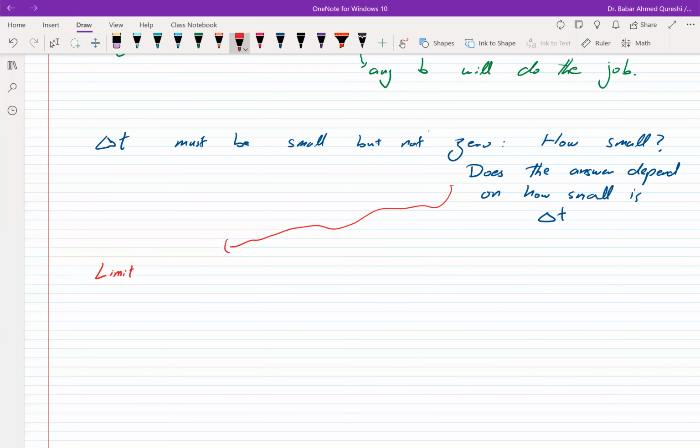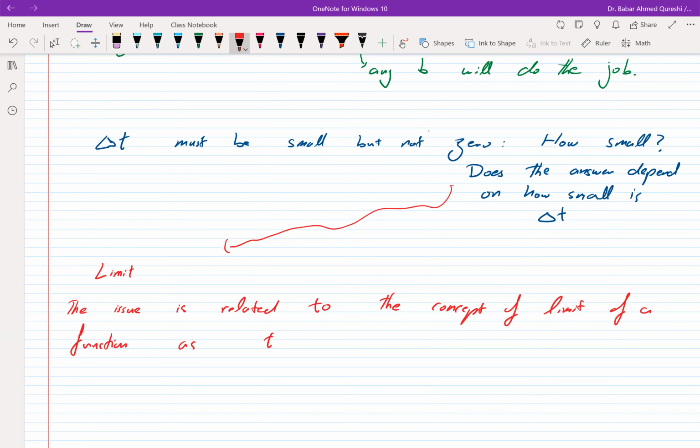So the issue is related to the concept of limit of a function, as over here, for example, t2 goes to t1, or delta t goes to 0, or when it becomes very, very small, or a function in general, what value it takes as x approaches a particular value, let's say a.